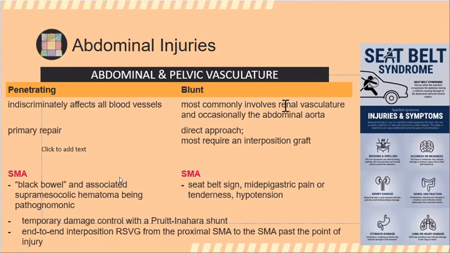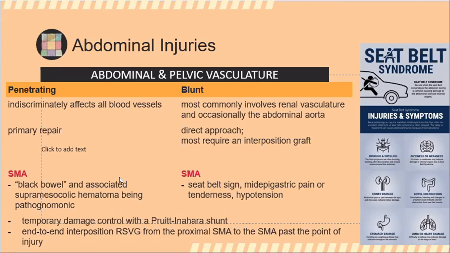Next, abdominal and pelvic vasculature. So, for penetrating, we can identify the, pag penetrating tapos patient is hypotensive and unstable, we can do emergent laparotomy, exploratory laparotomy, identify the vascular injury, and do primary repair.